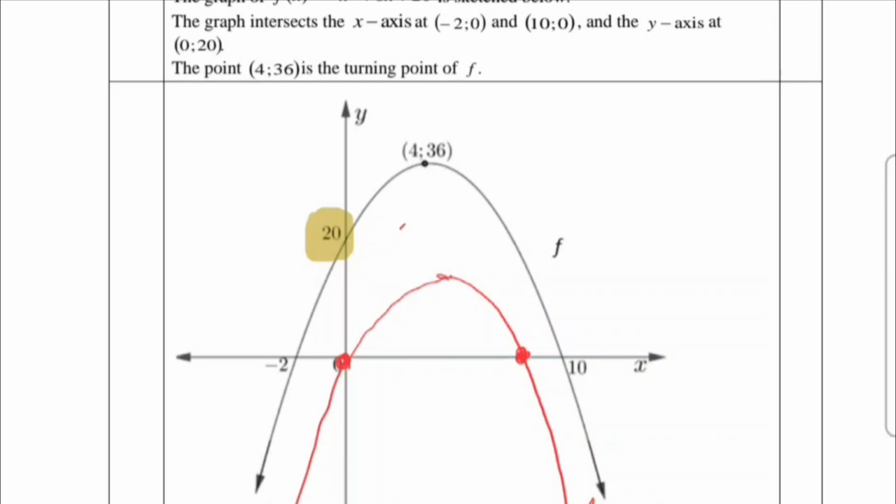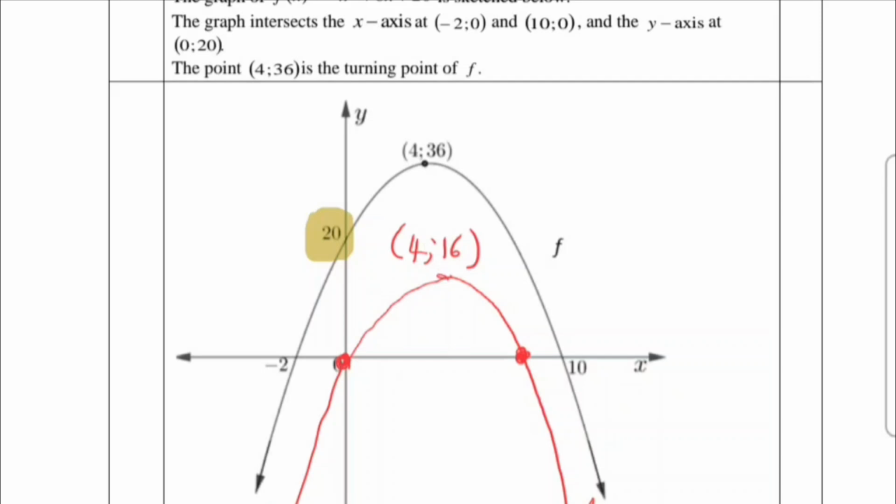Our turning point here would now be 4 and 16. How we know it's 16 is because if you look at the difference between 20 and 36, 36 is 16 units above. So if your y-intercept is now 0, your turning point, which should still be 16 units above, would be 16.